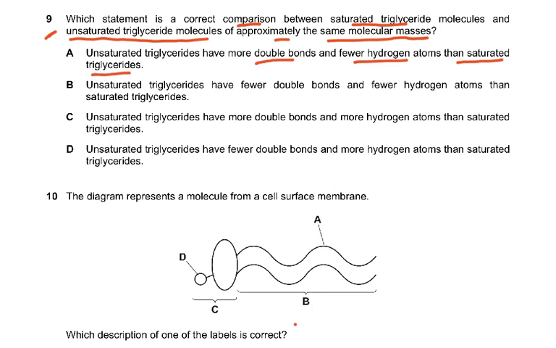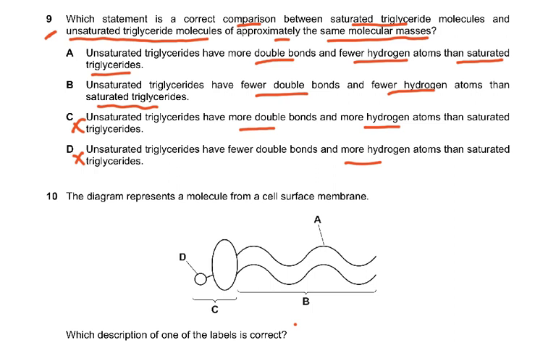Unsaturated triglycerides have fewer double bonds and fewer hydrogen atoms than the saturated ones. The saturated ones actually have no double bonds. This is what you've got to understand. Unsaturated triglycerides have more double bonds and more hydrogen atoms. That is another thing, there are fewer hydrogen atoms. So the option with more hydrogen atoms is of course totally wrong. Now we have to narrow down to A and B. Fewer double bonds, more double bonds, and fewer hydrogen.